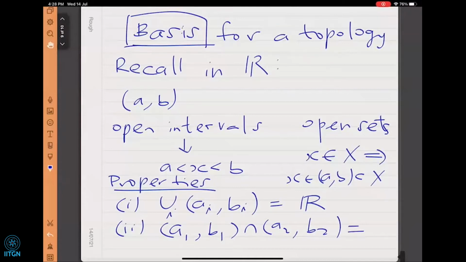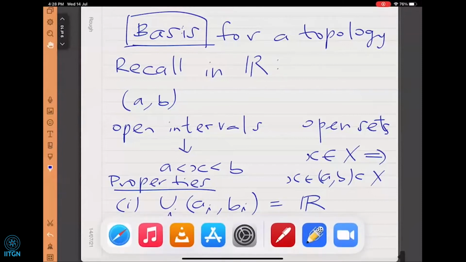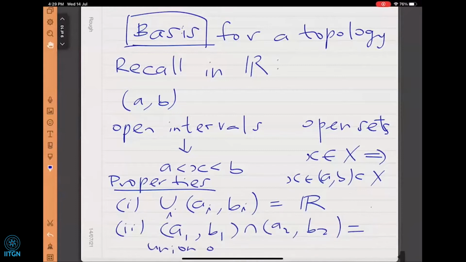So this intersection is again a union of open intervals. This is just a fact. These are some facts that we are noticing about open intervals in R. Okay, so these are two properties.